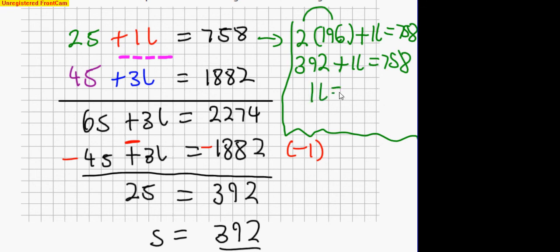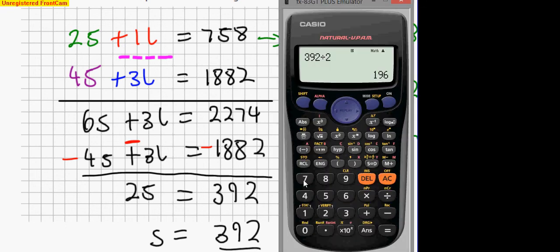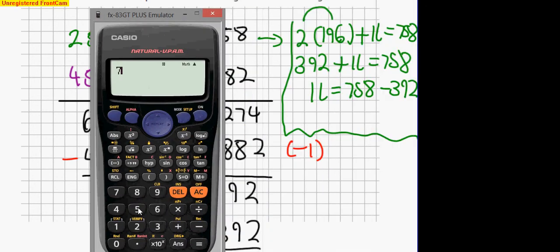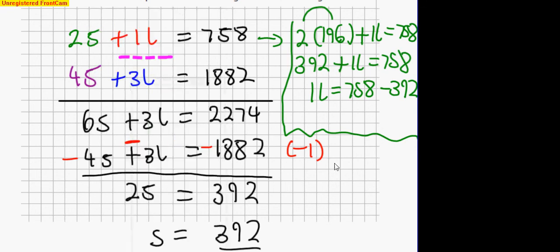Next, 1L equals 758 minus 392. Okay, so 758 minus 392 is 366. So L therefore is equal to 366 grams.